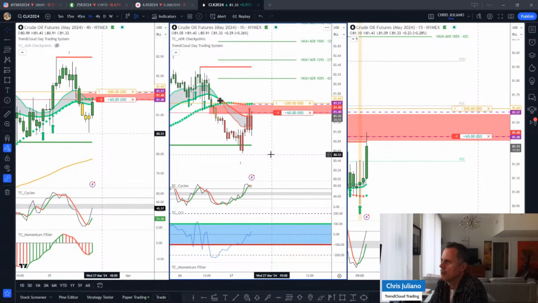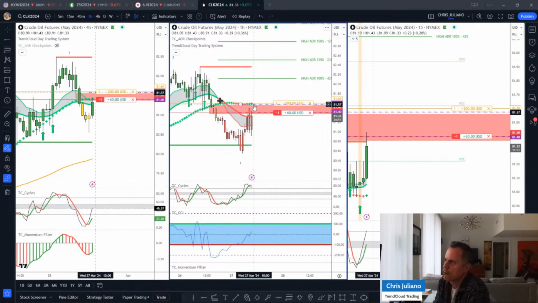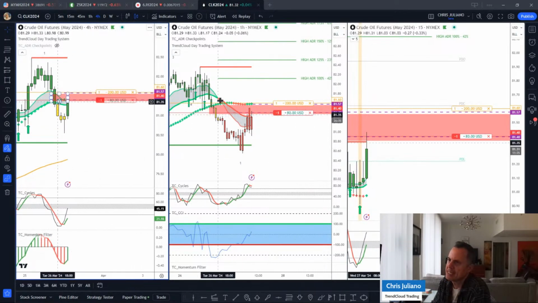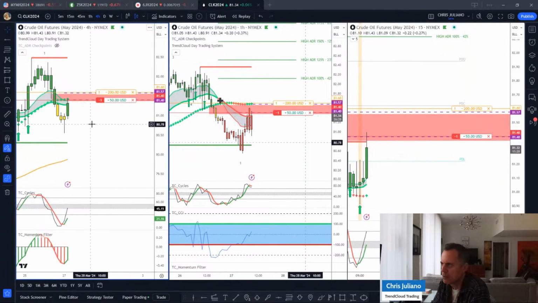All right. TrendCloud is green. We don't like that, right? We're hoping that this base drop has enough selling power to make the move. It is the 4-hour 50 simple as well.